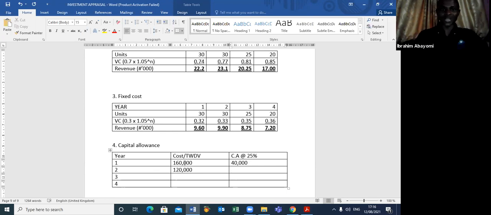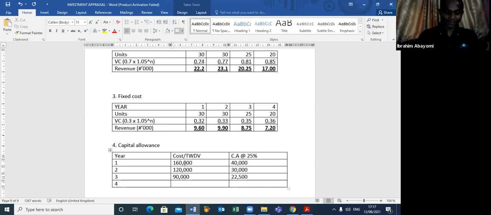So 120,000 times 25% should be 30,000. Am I correct? So in the next year, it's going to be 90,000 tax written down value. So 0.25 times 90,000 will give me 22,500.